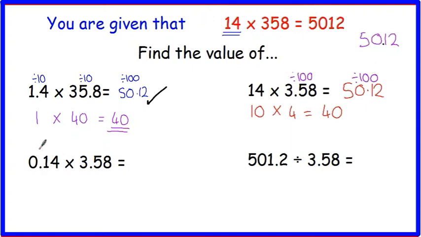This is 100 times smaller, 100 times smaller. So this one's going to be 4 zeros, 10,000 times smaller. So move that 4 times to the right: 0.5012.